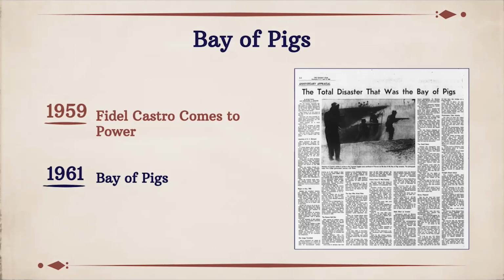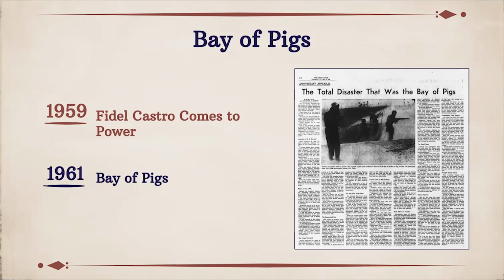It resulted in the group that went to overthrow Cuba getting captured, and they were held in captivity for 20 months as the United States tried to negotiate a deal with Fidel Castro.